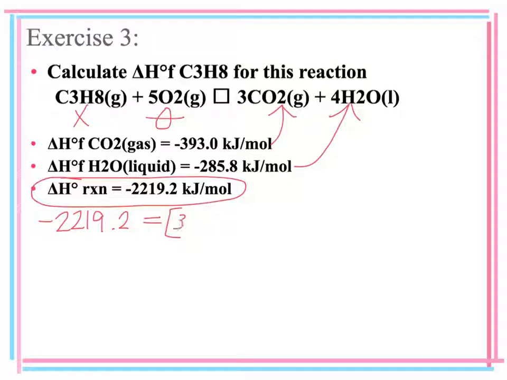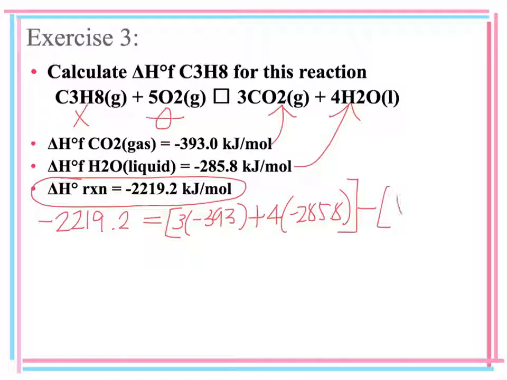We have 3 times the value for CO2, which is a negative 393, plus our water, which is 4 times negative 285.8, minus our reactants, which is X, right? We have X, plus, of course, 0 for oxygen.